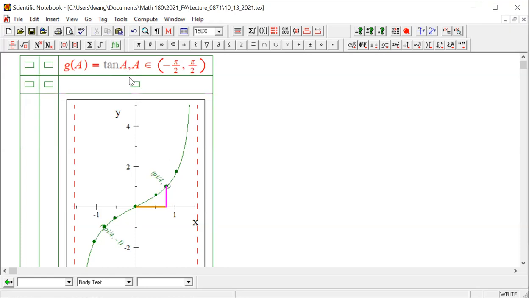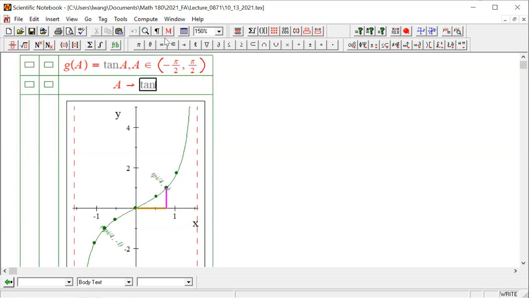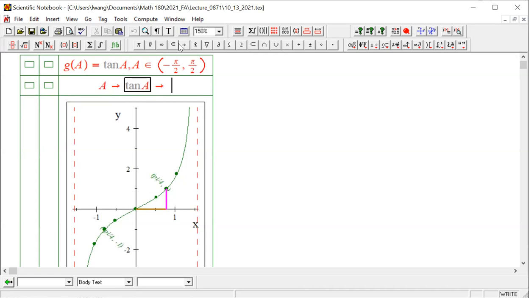This function takes an angle and produces a ratio. Everything we have talked about on this function so far, the output is a ratio, the tangent ratio. The inverse of this function exists.